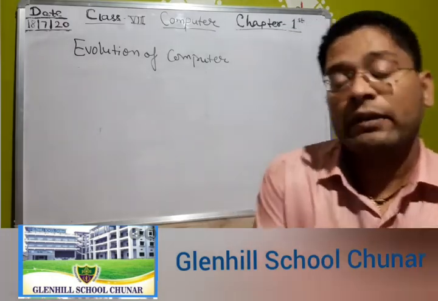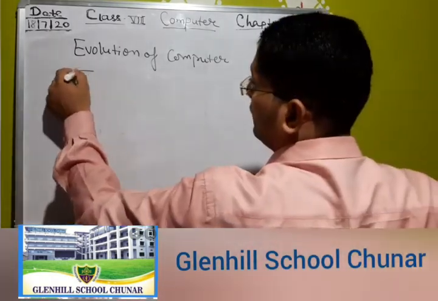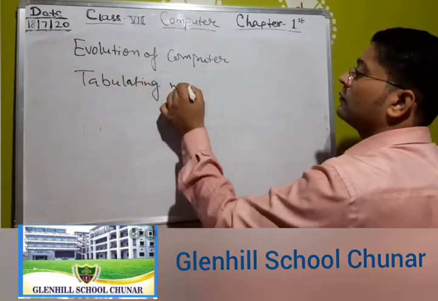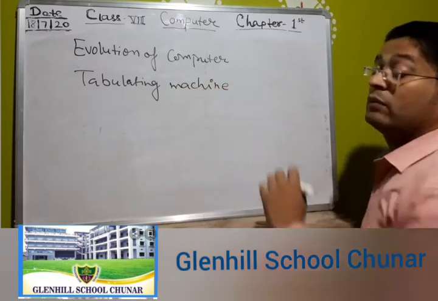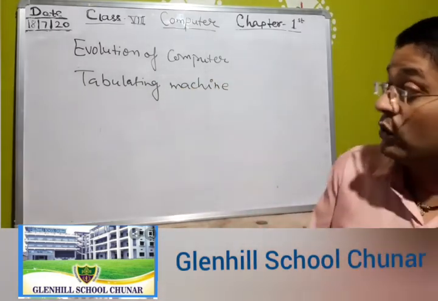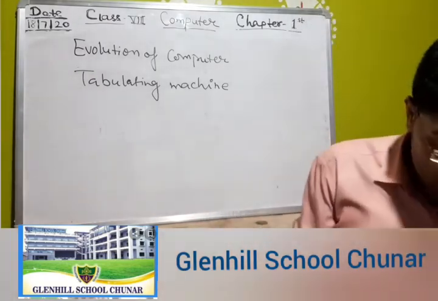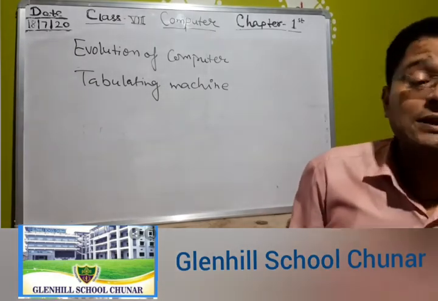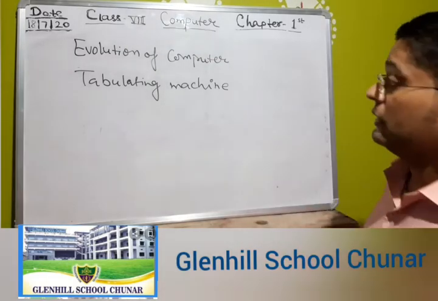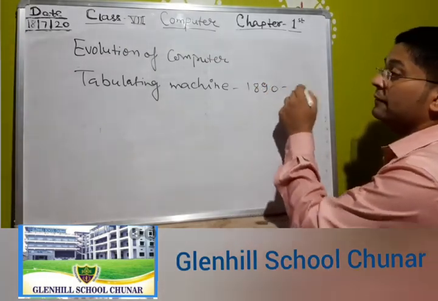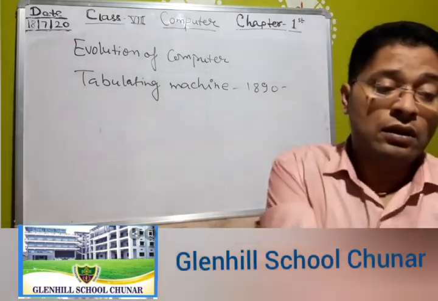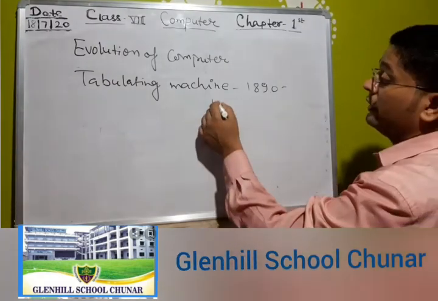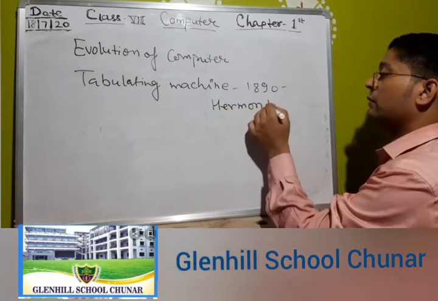And then after that, the tabulating machine. You know that the tabulating machine was used for the first census in the USA. Herman Hollerith invented the tabulating machine in 1819.